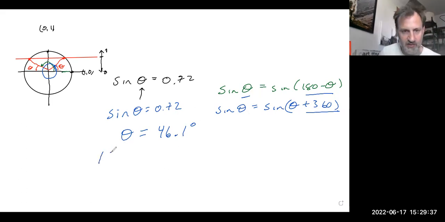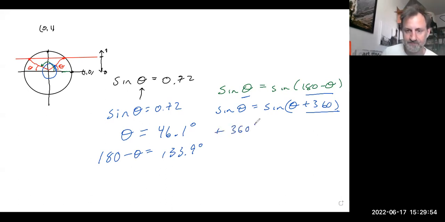And so then 180 minus theta gives me my second solution, 133.9. Excuse me. And we can go on from there. I can add 360 here. I can add 360 here. I can get more and more solutions.